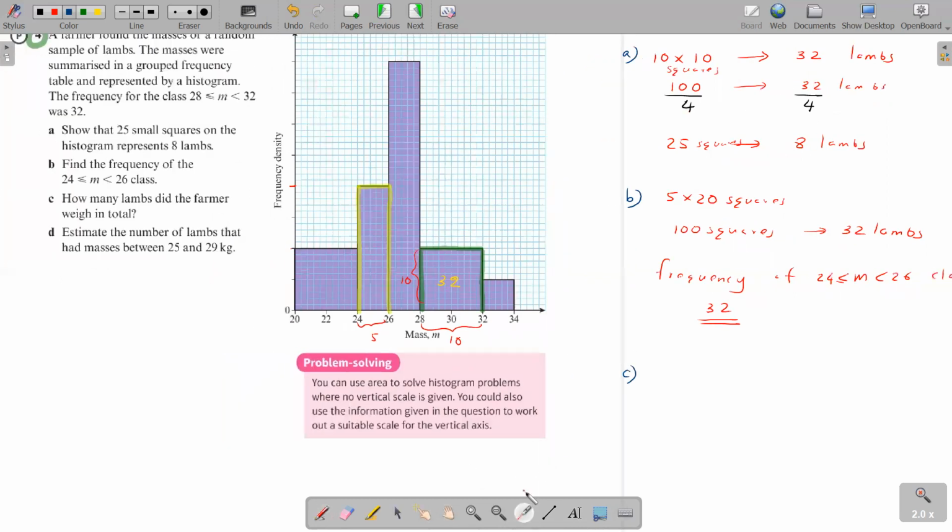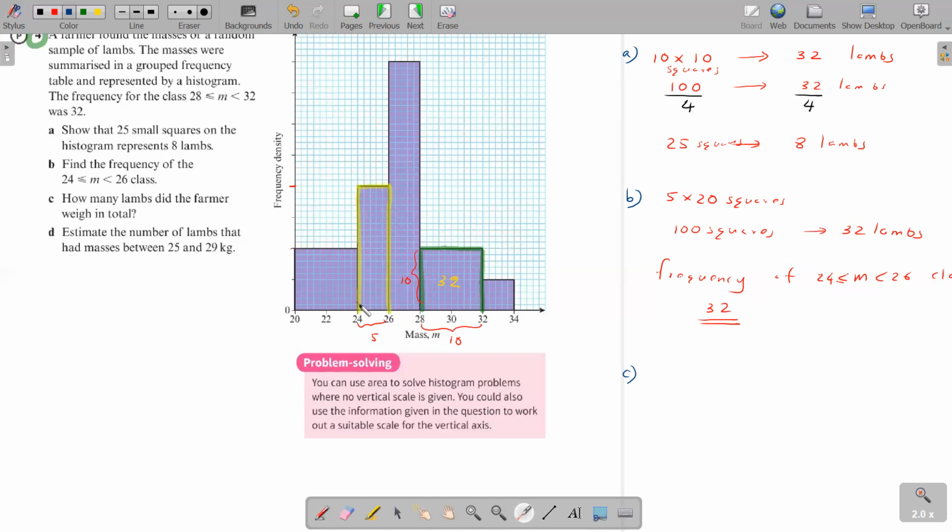Part C. How many lambs did the farmer weigh in total? How do you get the total number of lambs? So to get the total number of lambs, the best thing you can do here is let's actually get all the small squares.